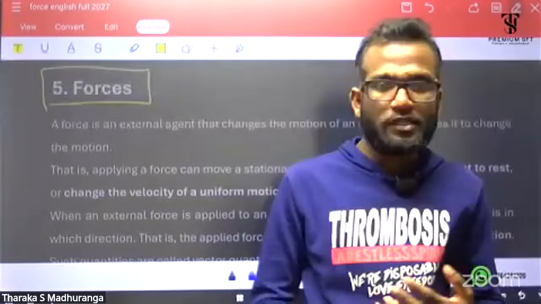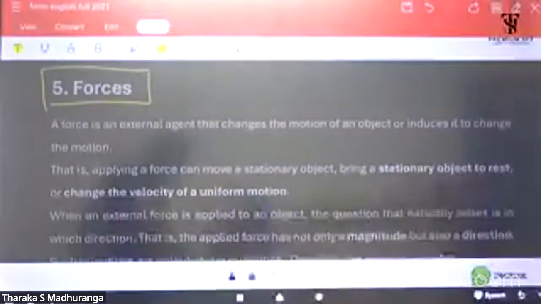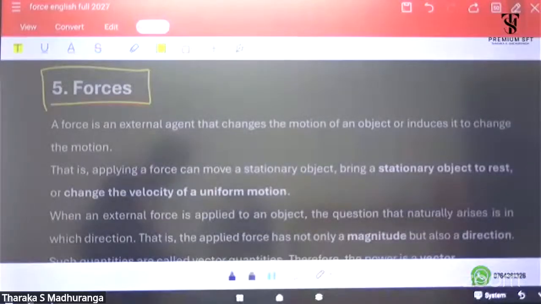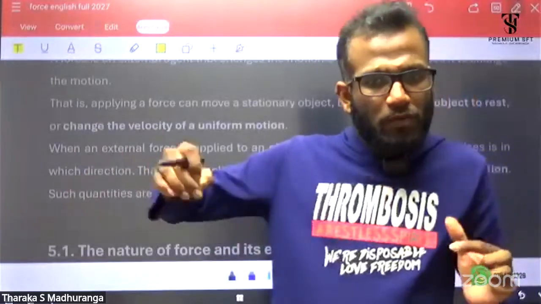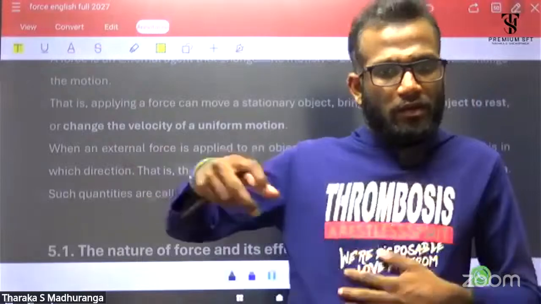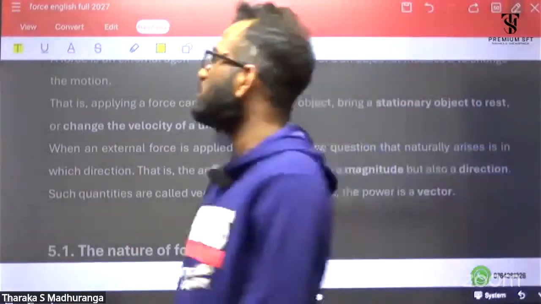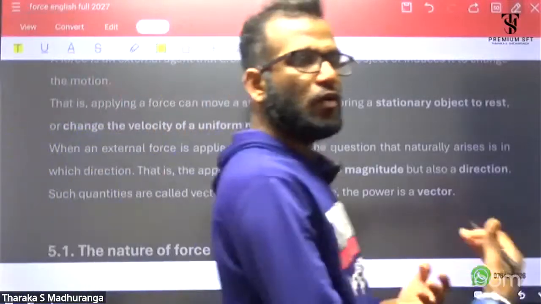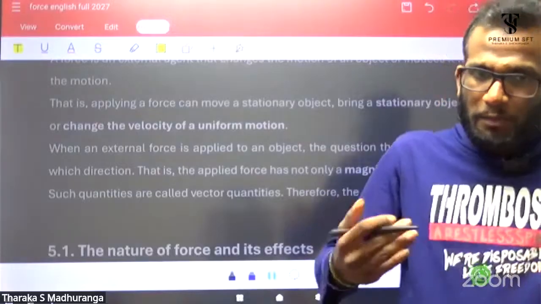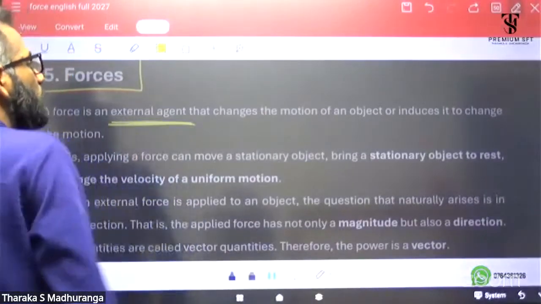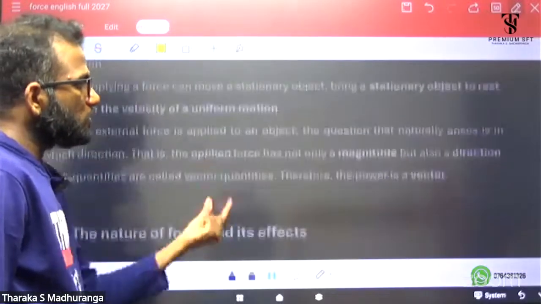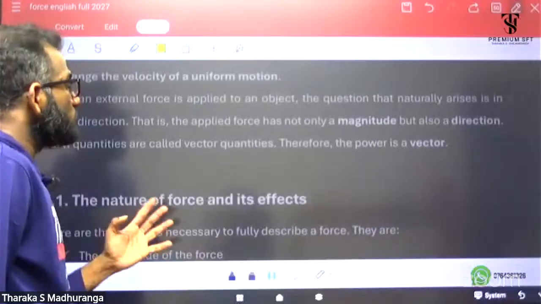If by this external agent we can move a stationary or resting object, or change the velocity of an already moving object, that means speed it up or stop it, however an external agent changes the motion of any object, we call it a force.